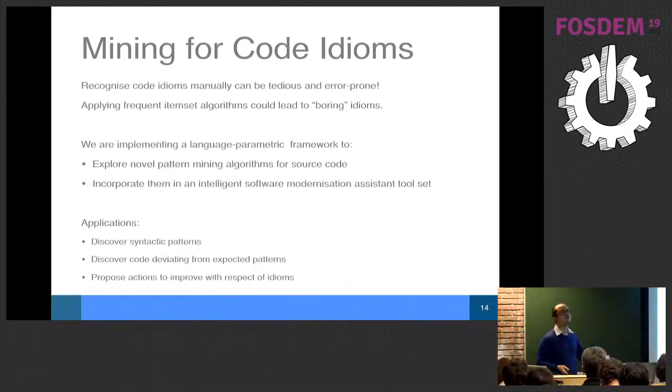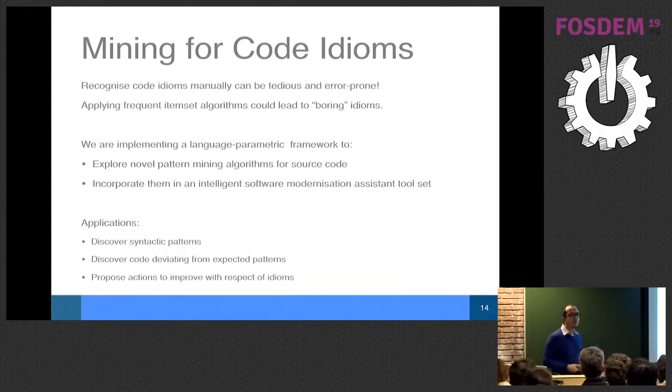Because what we can do is, from a piece of code, create a representation with a tree, because based on the code you can just create an abstract syntax tree, and then you can run your algorithm maybe without any problem. But in practice, when you run it, you discover that most of the idioms that you find are, in the end, not so interesting.